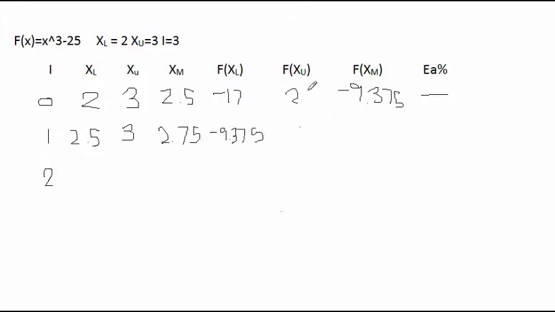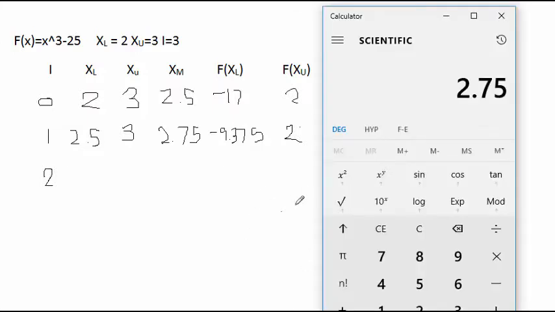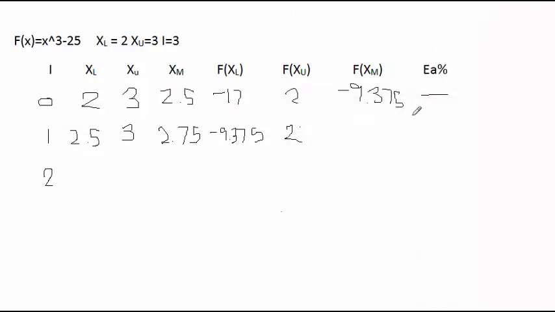We will retain the function of the upper limit because it is the same. Now, the new midpoint of x, we will substitute it in the function. 2.75 raised to 3 minus 25. We now have a new function of the midpoint of x. It is negative 4.2031.